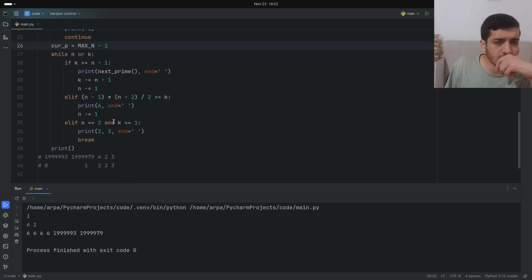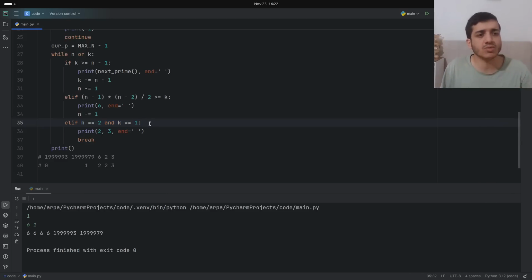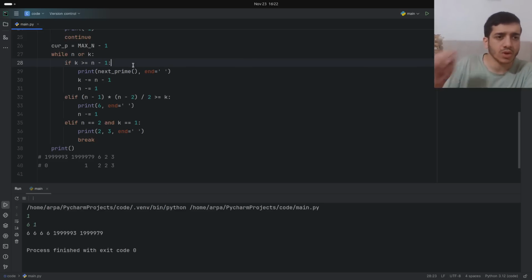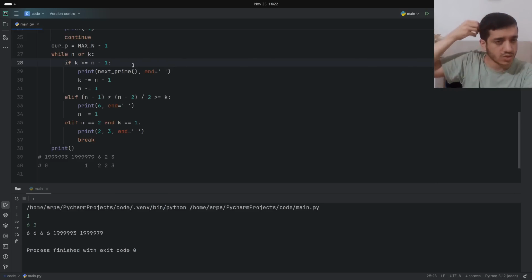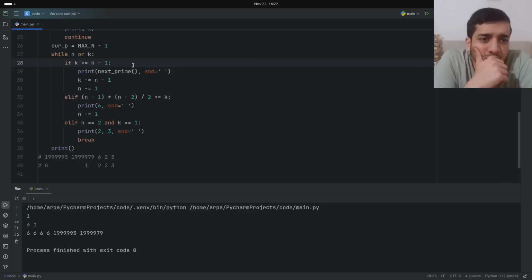Am I right that this case doesn't ever happen? Because if n is 2 and k is 1, it goes to this condition. This is true. This is true.